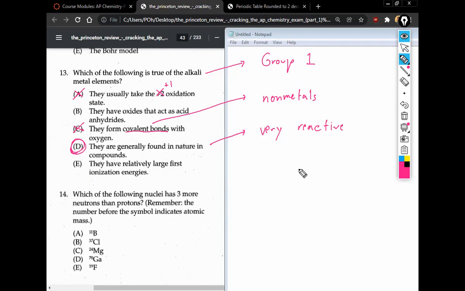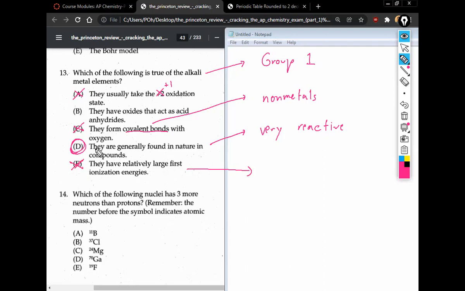That's why bananas don't blow up. So if we took apart a banana, would we just make it blow up? No. Okay, and then this one we obviously know is incorrect. They have relatively large first ionization energy, which means it's hard to remove an electron, but we already know that they want to get rid of an electron.